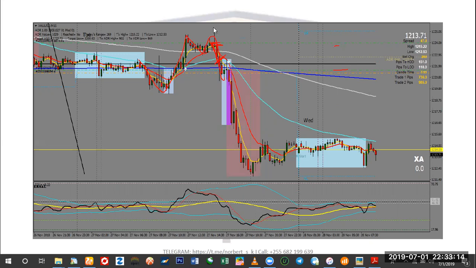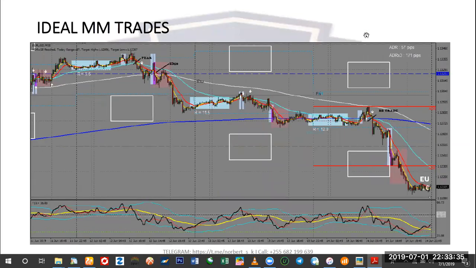When you sit with your chart, you should go back and mark your entries. Open your 15 minutes time frame and mark your entries from January, like I would enter here, I would enter here, I would enter here. If you see them in hindsight, then you can see them when they're happening.